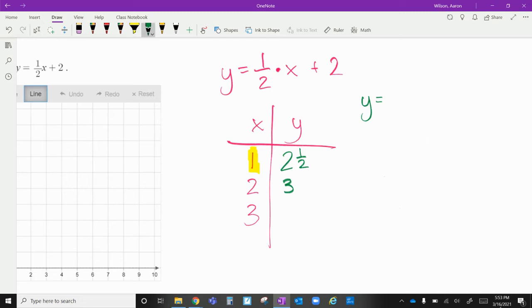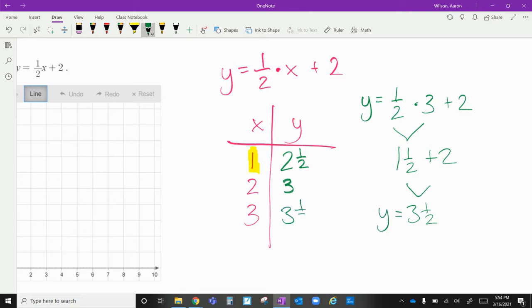If I put a 3 in this time for the x, it'll say 1/2 times 3 plus 2. Well, what is half of 3? That's 1.5. 1.5 plus 2, well, that's 3.5. So that means our y value when x is 3 has to be 3.5.